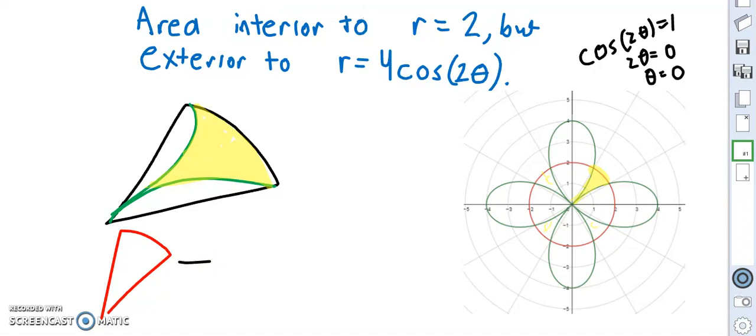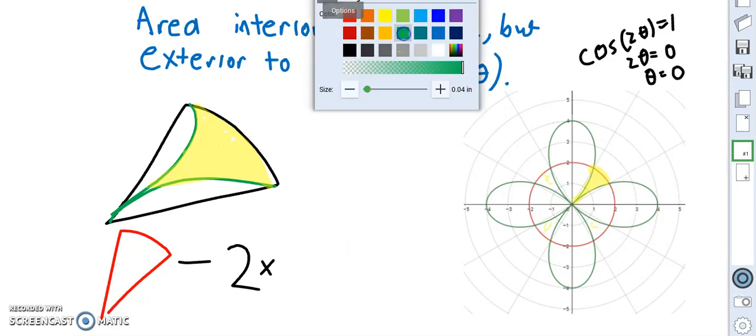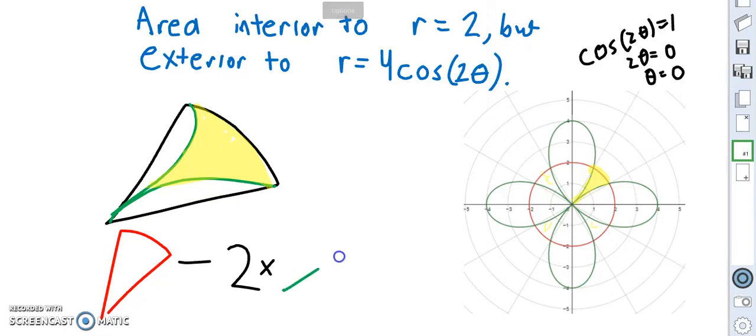The whole sector minus 2 times this piece, where that piece is, let's say it's like, this is that. I'm going to do the whole sector minus 2 of those, and I should be left just with my yellow area.